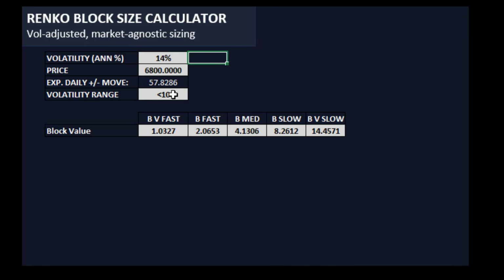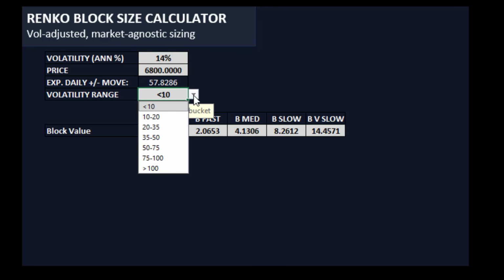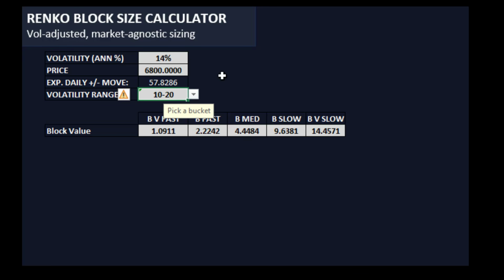The two are going to behave quite differently, so we use this volatility range bucket to get the right box size for our Renko chart. So we've got 10 to 20, that's the range it falls within. As you can see, that then updates these block values down the bottom.